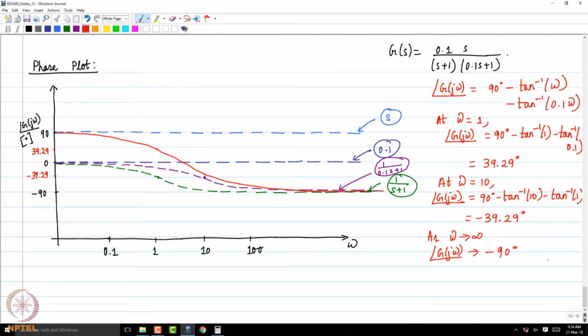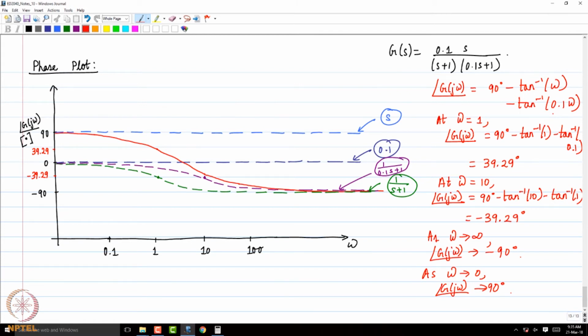I hope it is clear, right. And as omega tends to 0, the phase of g of j omega, you can immediately see that it tends to, sorry, not 0, 90 degrees, I am sorry about that, okay, plus 90, because the two tan inverse terms will contribute 0, you already have a 90 degree term. So, we have 90 degrees.